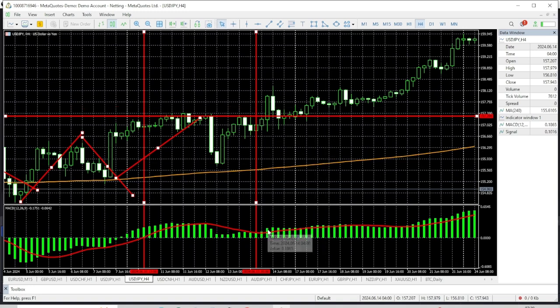So at this point, let us look from here now. The momentum of the market is increasing. It has not dropped anywhere here. And then here it dropped 1, 2, 3.